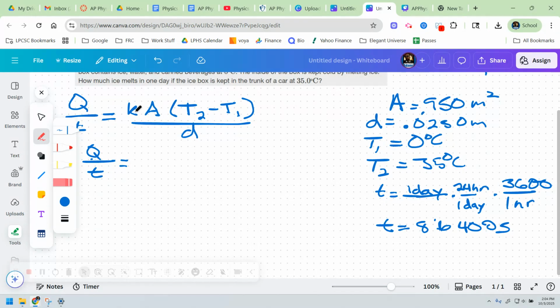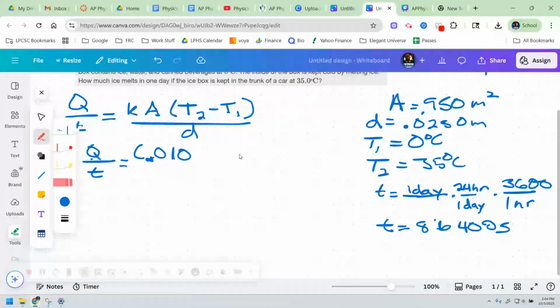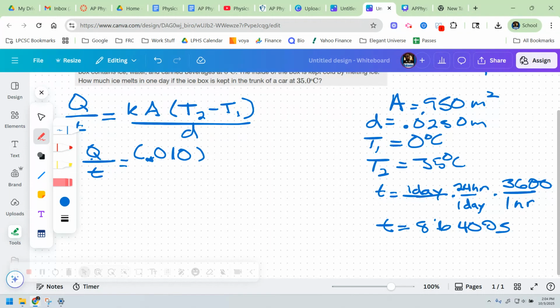So Q over T is equal to the thermal conductivity of styrofoam, and if you pull that up in that table, it's 0.010, sorry, and I'm going to skip the units because I'm running out of space, times 0.95, right?